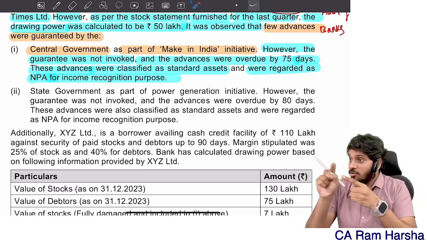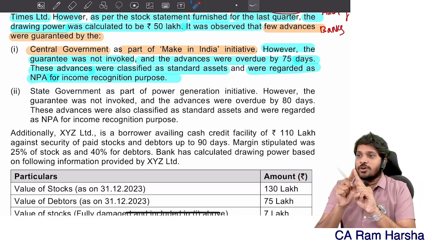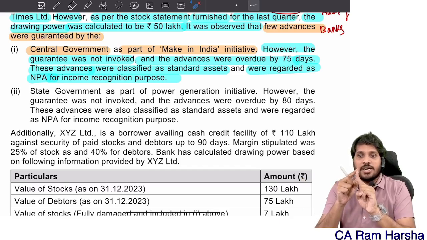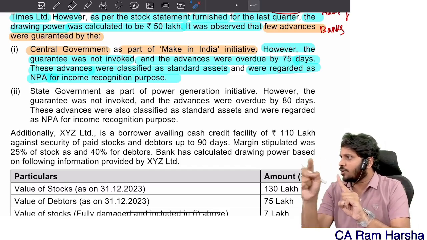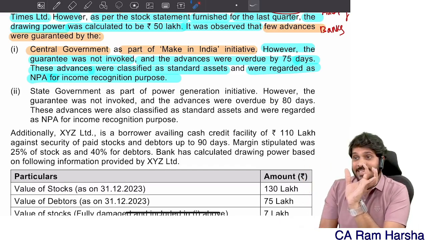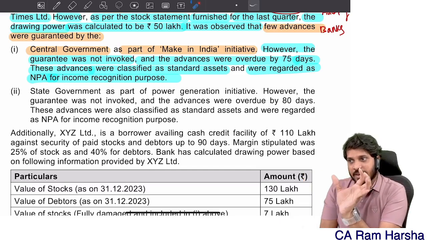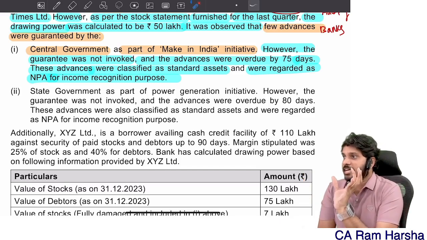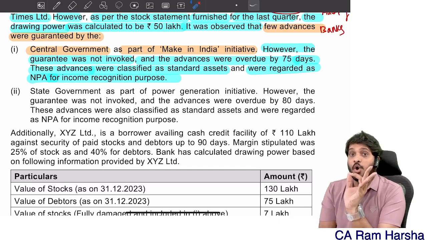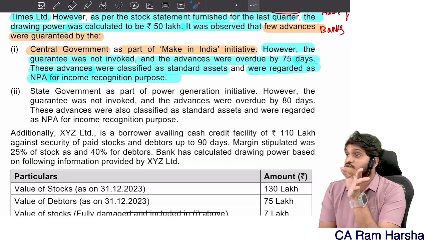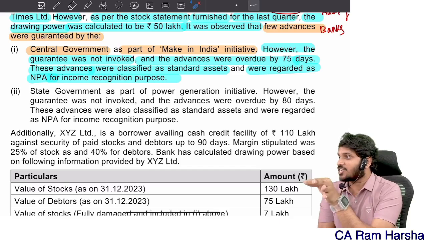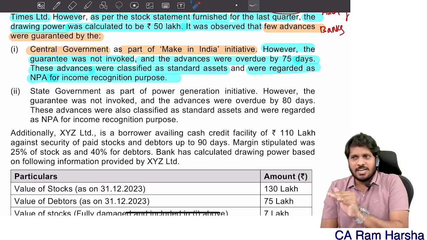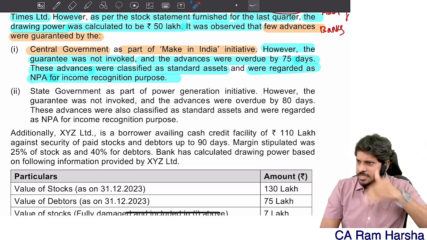Now, we are discussing out of order, right? The first case is when a cash credit or overdraft will be treated as out of order: if the outstanding balance in the customer account is more than drawing power, or more than the sanctioned limit. Generally, it should not happen. It is impossible.